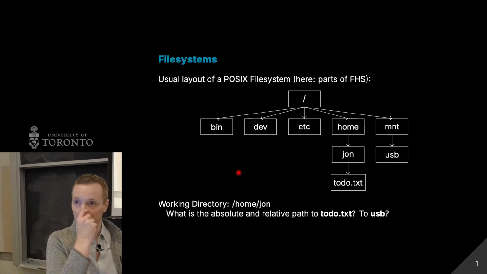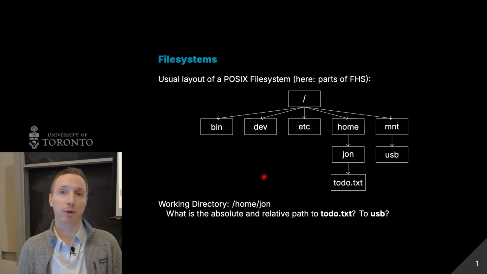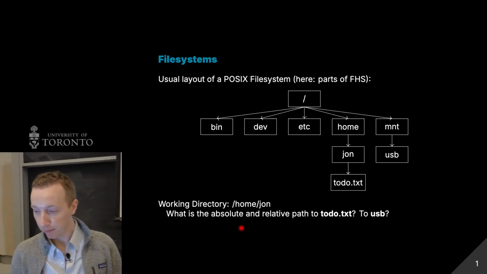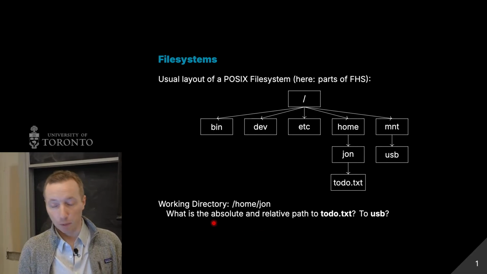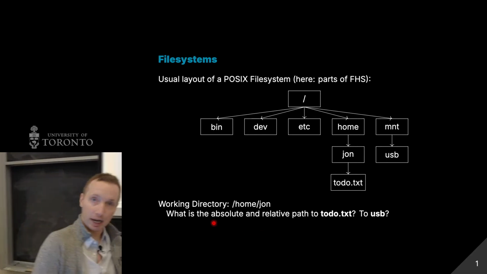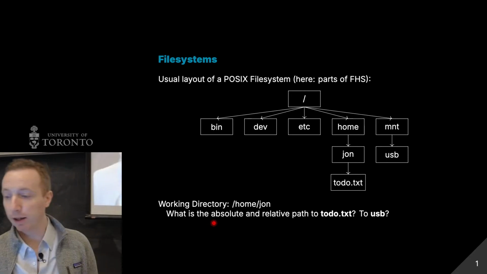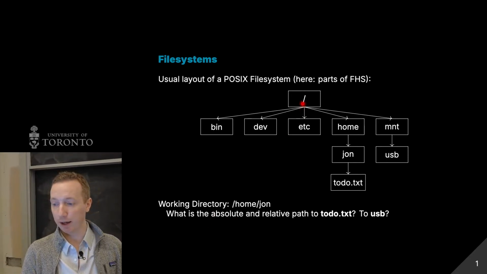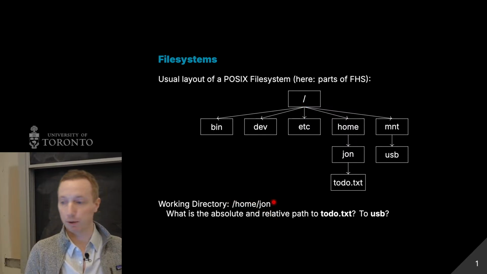Now, your processes, when they run, will have a working directory, so that's what current directory they are in. And with that, I can define a path to another file, in absolute or relative terms. Absolute paths start with a slash, and relative paths are relative to the current working directory.